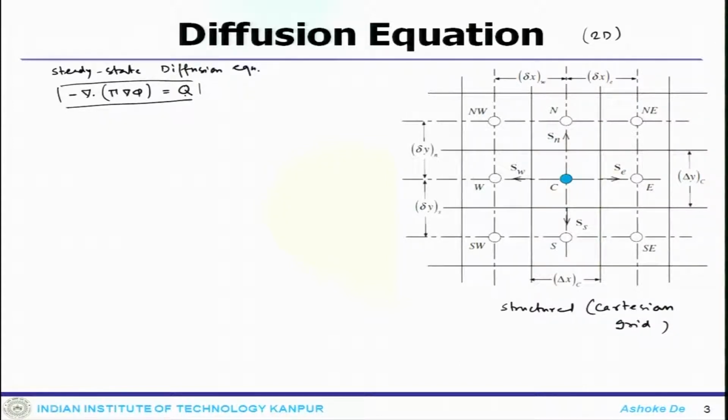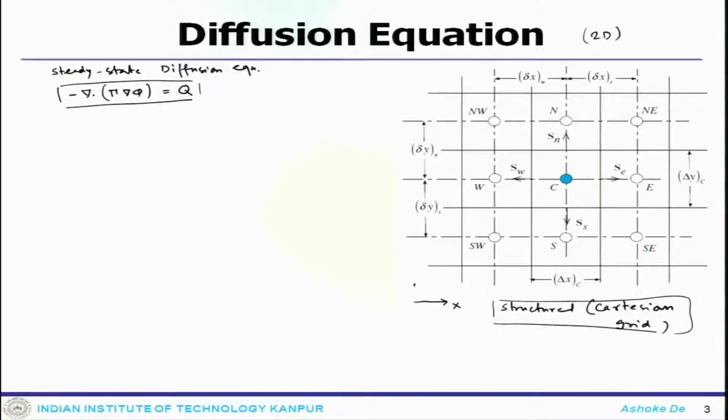Now, we have put together these things in a rectangular Cartesian grid. Okay. And rectangular Cartesian grid, if you look at it, this is how you can define your reference frame.